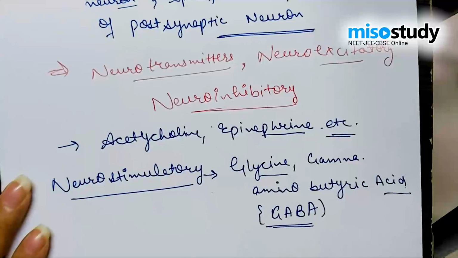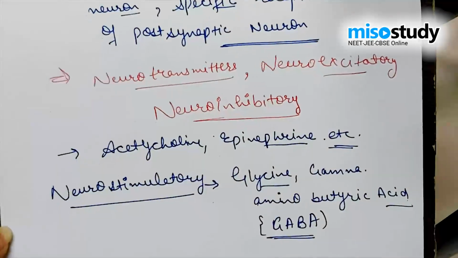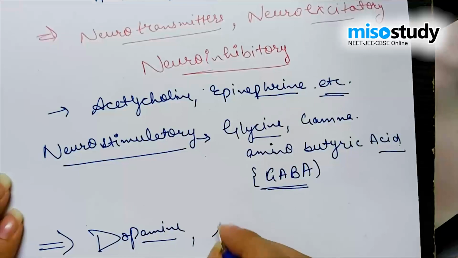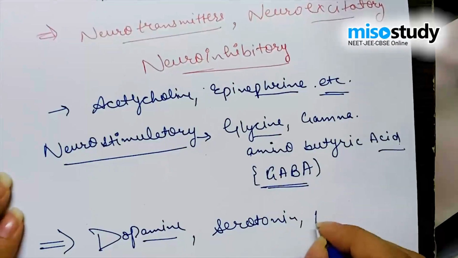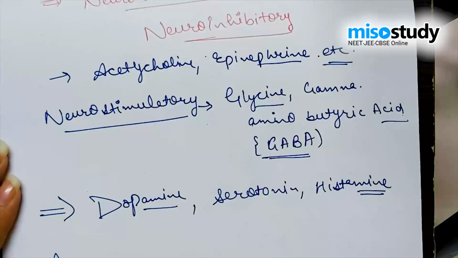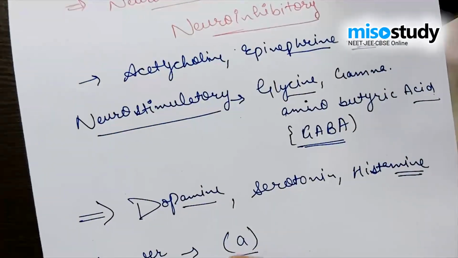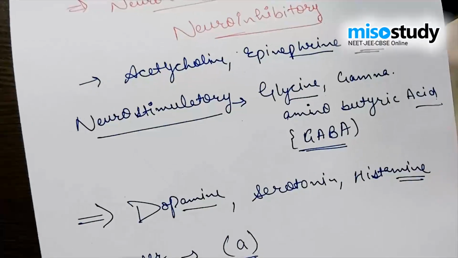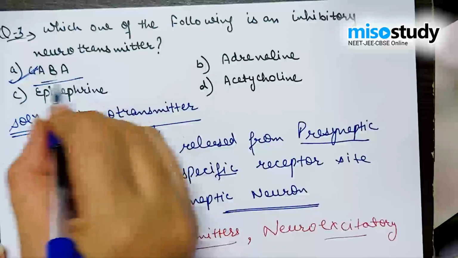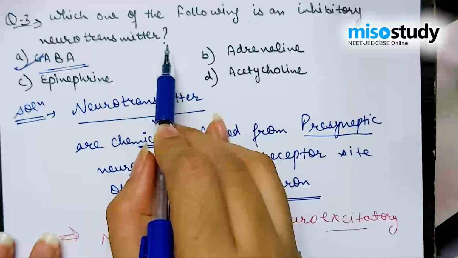GABA is the abbreviated form of gamma aminobutyric acid, and besides that, other neurotransmitters are named as dopamine, serotonin, histamine, and nitric oxide, etc. So this is all about the discussion, and after the discussion we got to know that the right answer for the given question is option A. Let's mark the right one, that is GABA, because the question is asking about the inhibitory neurotransmitter, that is GABA.